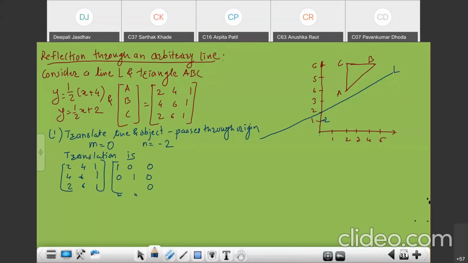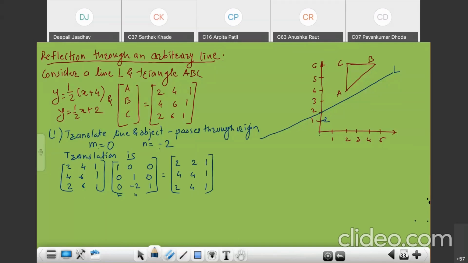So in this case it is 0 and it is minus 2. m is equal to 0 and n is equal to minus 2. Now perform the multiplication. It gives 2, 2, 1; 4, 4, 1; 2, 4, 1.